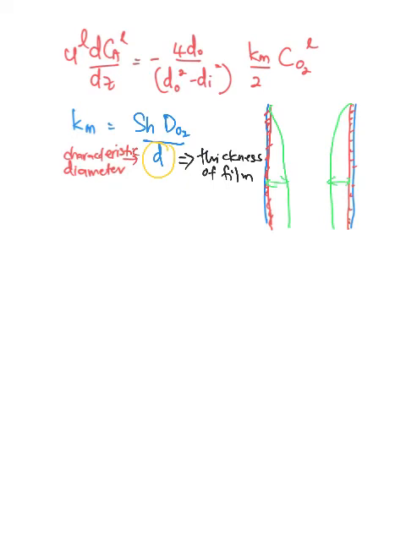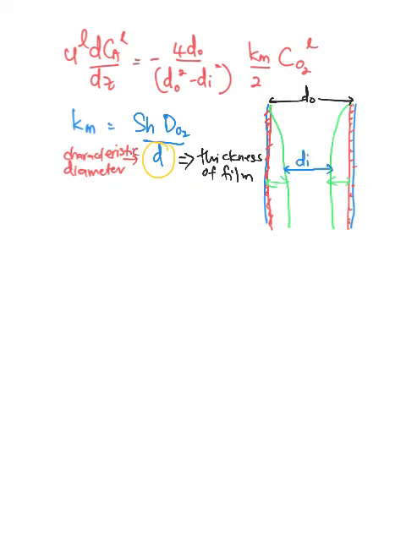The diameter of the reactor, D naught, is from wall to wall, and the inner diameter is this value, the gap between the film. So this is DI.